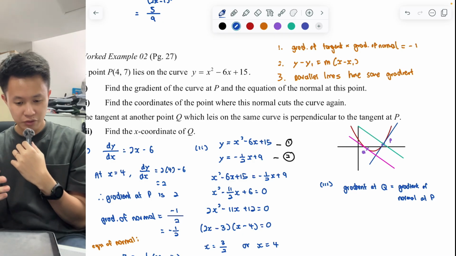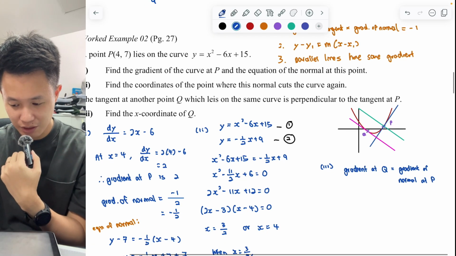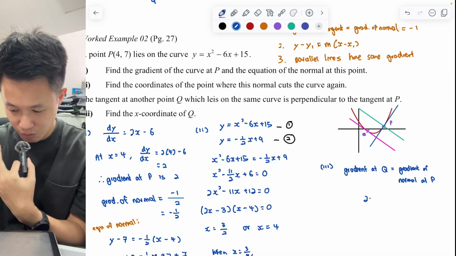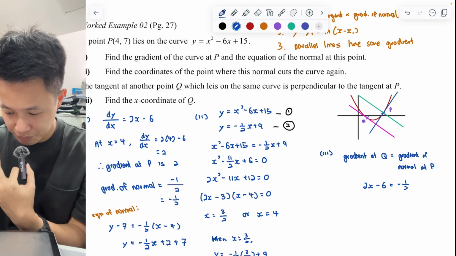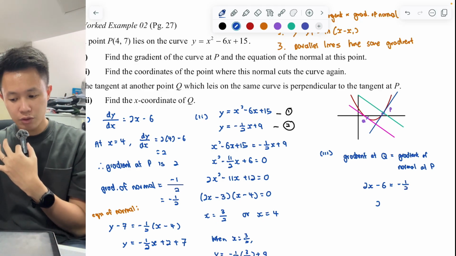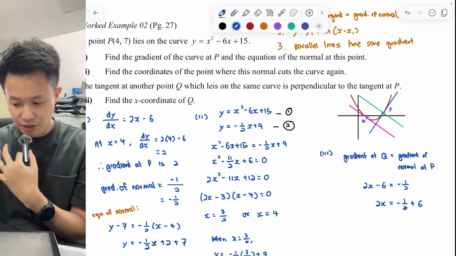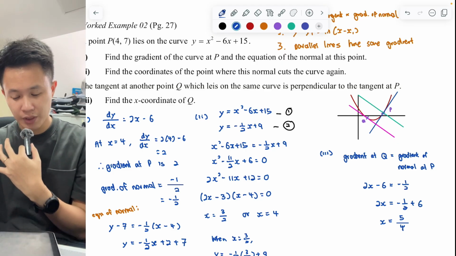And actually, we want to find the x coordinate, right? The gradient at Q is still dy/dx, which we found earlier. Isn't it just 2x minus 6 must equal the gradient of the normal, which we found? It's negative half. And hence, to find this is very simple. It will be negative half plus 6, 5.5. And so x equals 5 over 4.